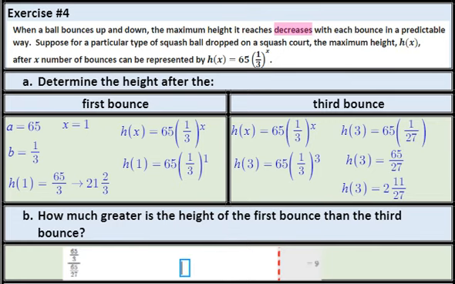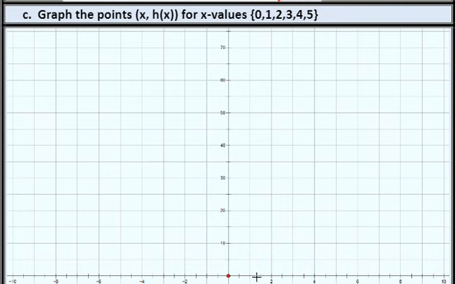Now, for C, we want to graph the points 0, 1, 2, 3, 4, 5 on the graph below. My first point, when I put in 0, is my y-intercept. And in this case, it's 65 times anything raised to the 0 power. I still have this 65 in front.